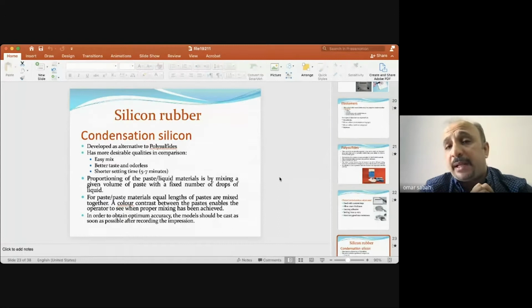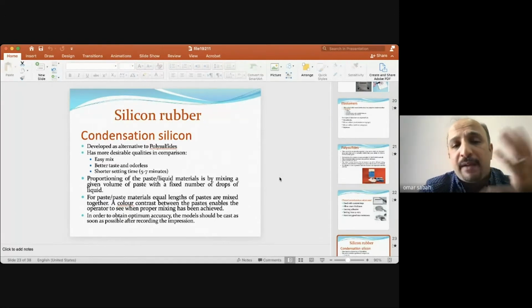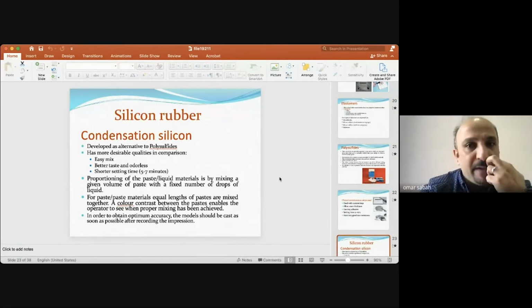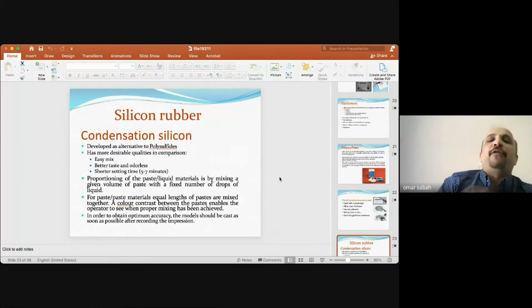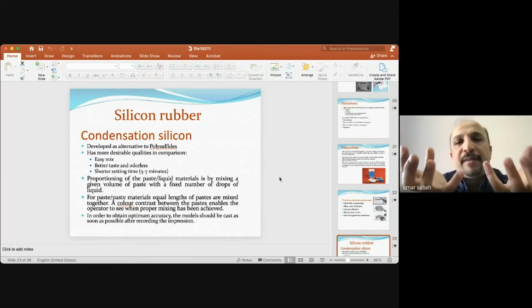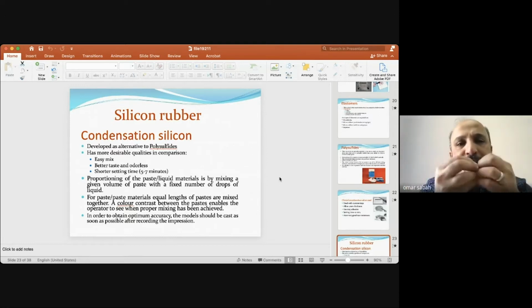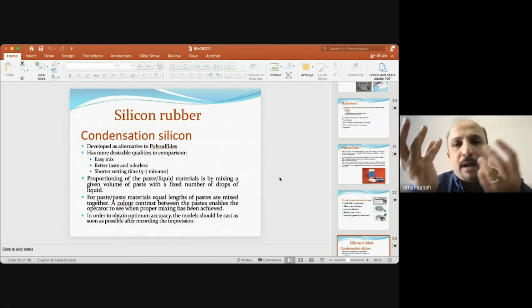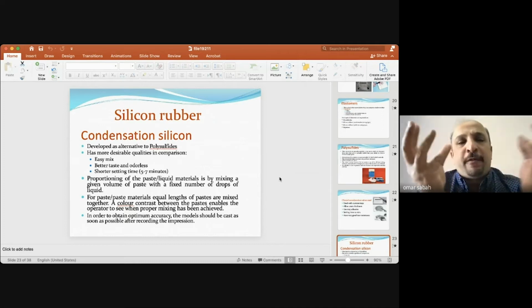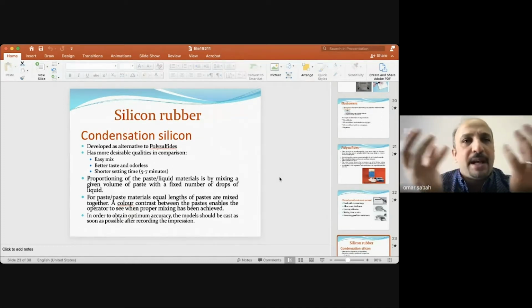Almost all these rubber materials nowadays come as a heavy body and a light body. The heavy body, the common type of these materials, comes in two jars, and you mix the same quantity from this one and this one, paste and catalyst.